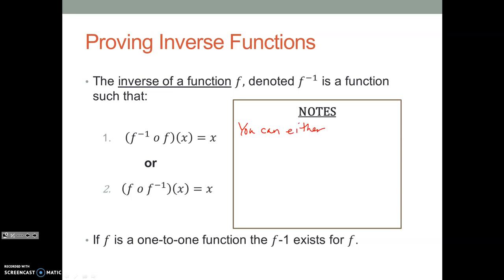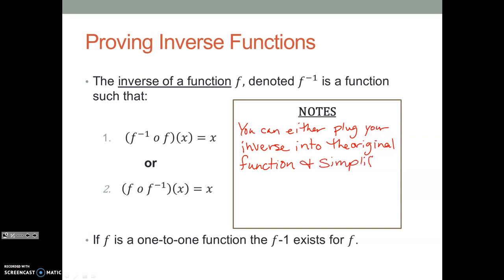Okay? So essentially what you guys are doing on this is you can either, and you only have to do it one way, both ways works, you can either plug your inverse into the original function and simplify to x, or you can plug your original function into your inverse.